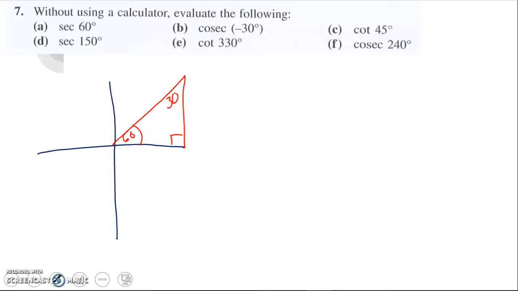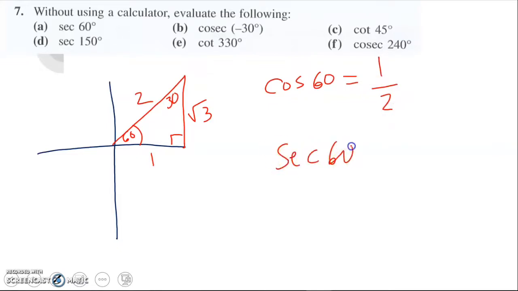Remind yourself, in a 30, 60, 90, across from 30 is 1, across from 60 is square root of 3, and your hypotenuse will end up being 2. So, secant 60. I would encourage you to find what cosine 60 is, because that's the inverse of secant. Cosine 60 would end up being A over H, which would mean that's 1 over 2. So that means secant 60 is just the inverse of that, which is just 2.